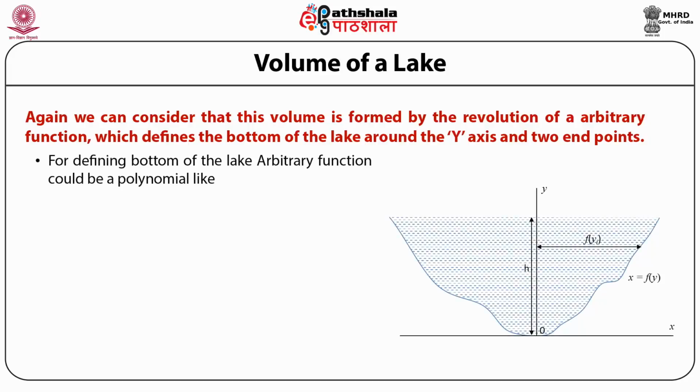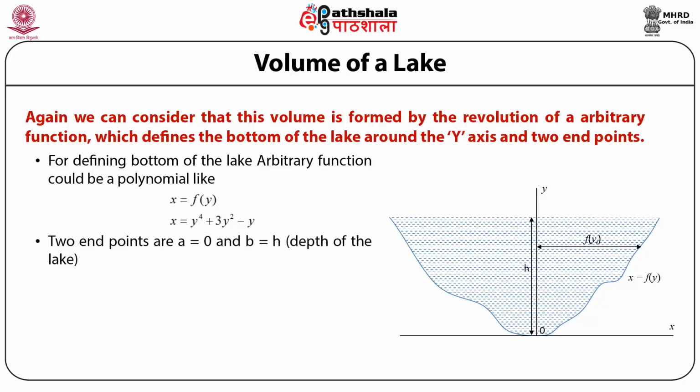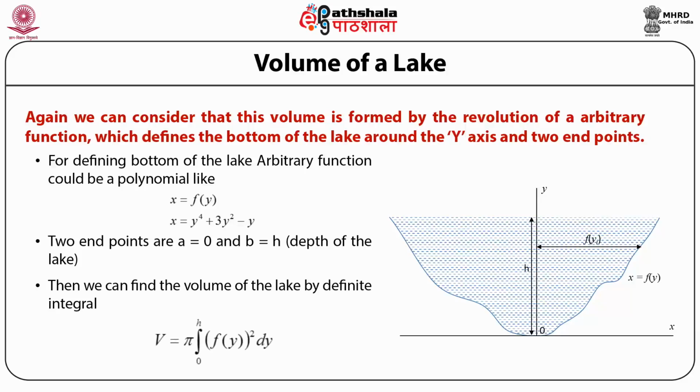For defining the bottom of the lake, it could be any polynomial f of y, which can be defined as y power 4 plus 3 y squared minus y. The two endpoints are a equal to 0 and b equal to h, which is the depth of the lake or the height of the lake. Then we can find the volume of the lake by the definite integral pi going from 0 to h of f of y whole squared dy.